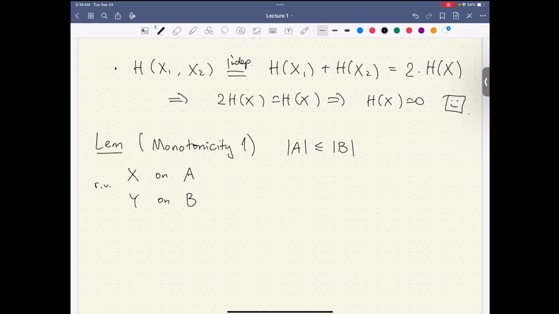then, I do really mean uniformly distributed.